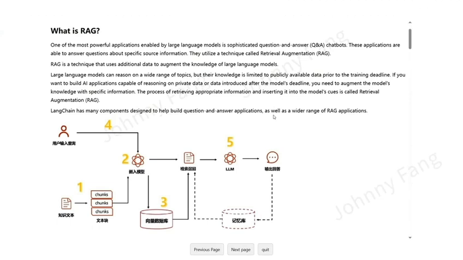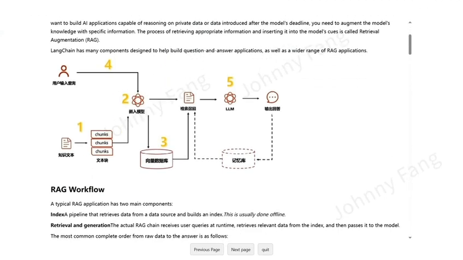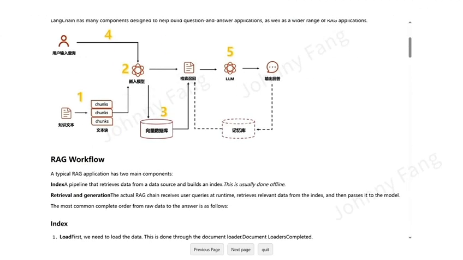Let's take a look at the process of LangChain's RAG. It starts with text, then segments it into text chunks, then enters embedding to generate a vector database.